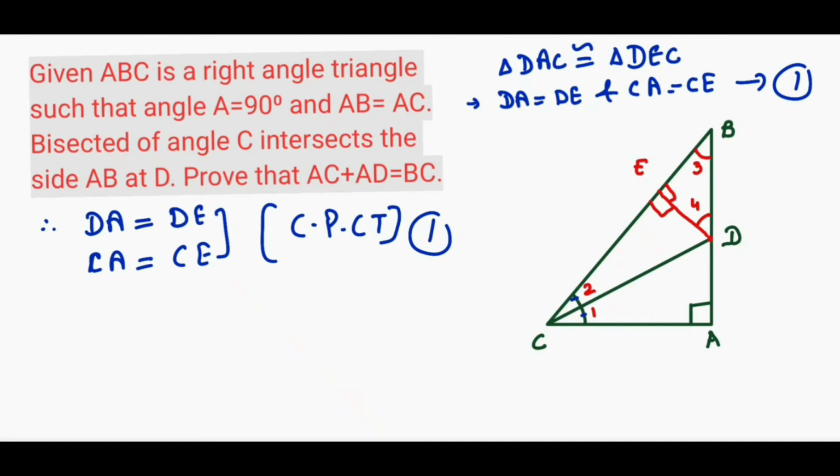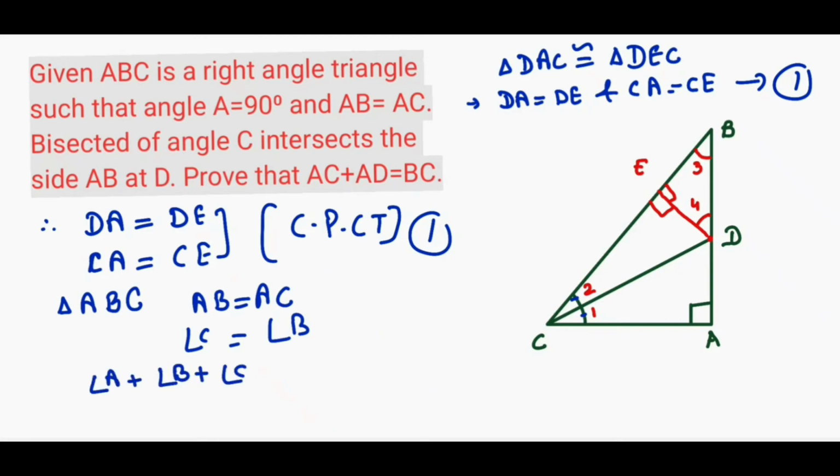So next I will take triangle ABC. So in triangle ABC, as this side AB is equal to AC, it means angle C is equal to angle B. And we know the sum of all the angles of a triangle is equal to 180 degrees. So angle A plus angle B plus angle C is equal to 180 degree.